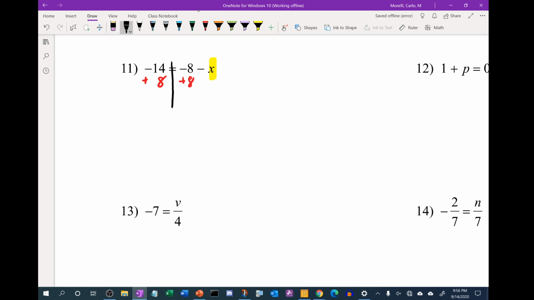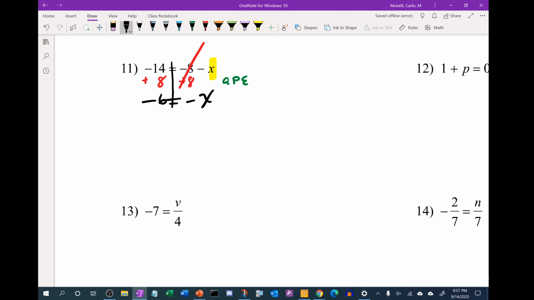So we're going to write negative 6, because negative 14 plus 8 is negative 6, equals, and then this gets crossed out. This is the addition property of equality, and I have this equal to negative x.